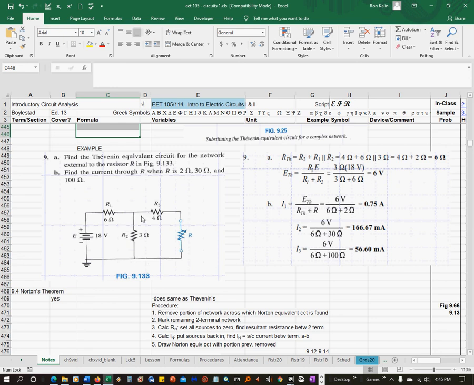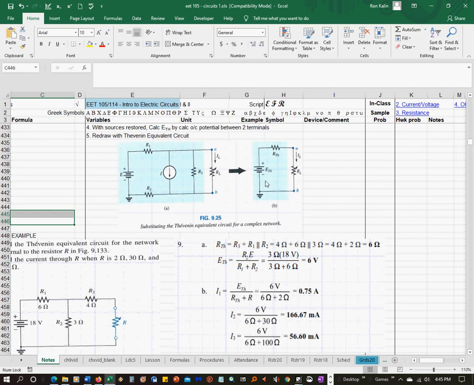To find the voltage across R2, you take E Thevenin equals R2 times your source voltage E divided by R1 plus R2. This is a voltage divider. So 3 times 18 divided by 3 plus 6 ends up equaling 6 volts.